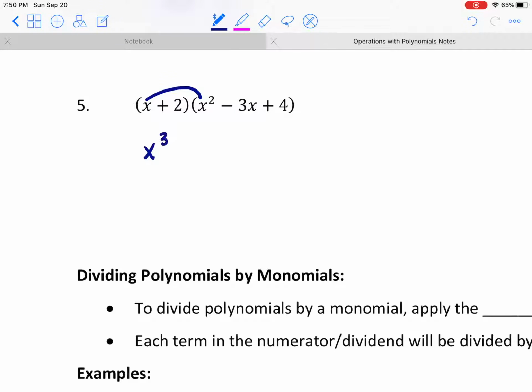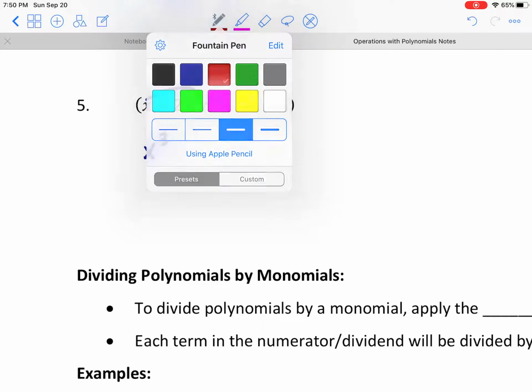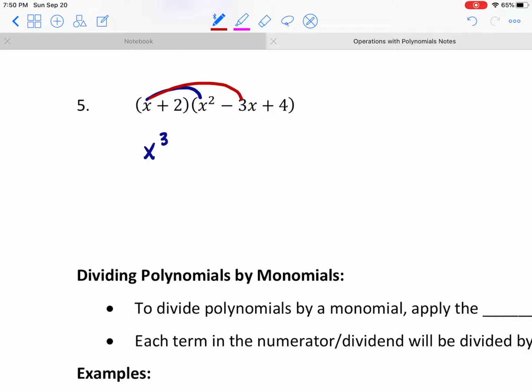If I add those exponents, I'm going to get x to the 3rd power. And then x times negative 3x is going to get me a negative 3 and an x squared. So that was 1 times negative 3, which is negative 3, and 1x there, and 1x there, which was 2x's altogether.